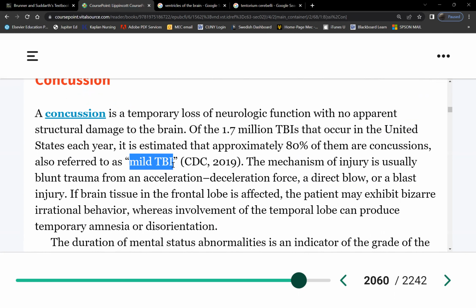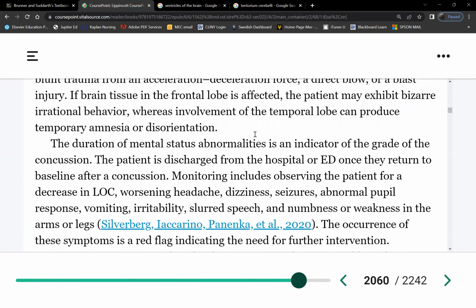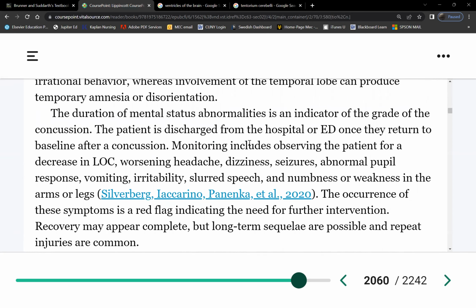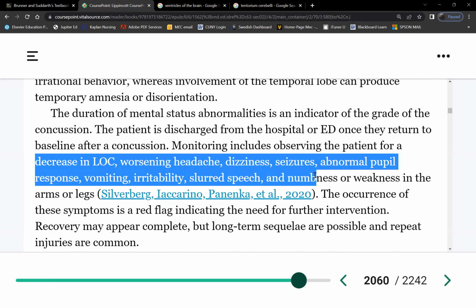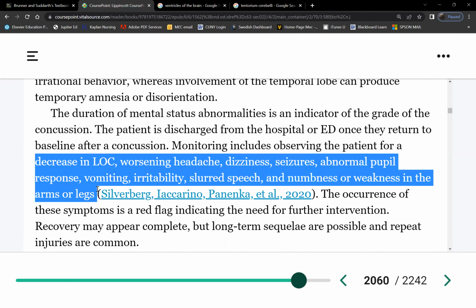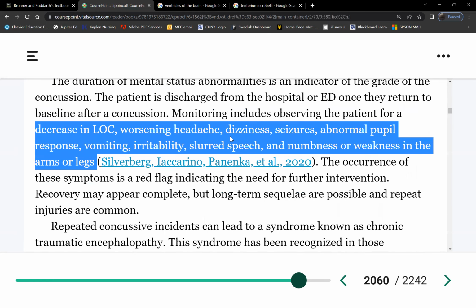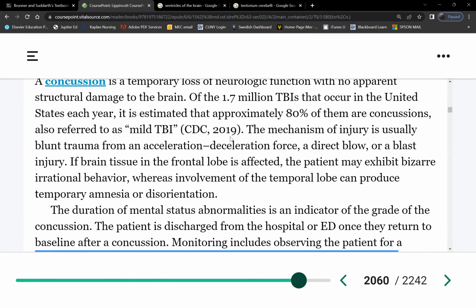Clear? So the manifestations here are the following. Decrease in level of consciousness, worsening headache. Oh no, sorry, these are now the reportable ones. Let's look at the expected first.